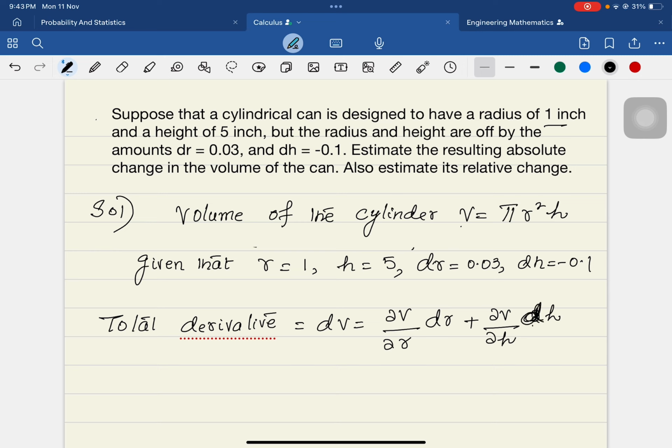Now, when r is 1 and h is 5, the volume is given by 5 pi cubic units.